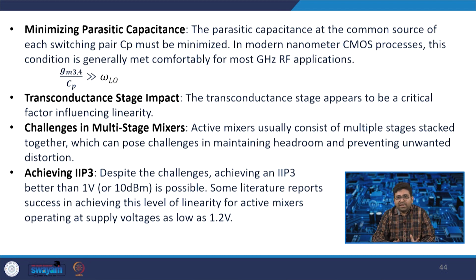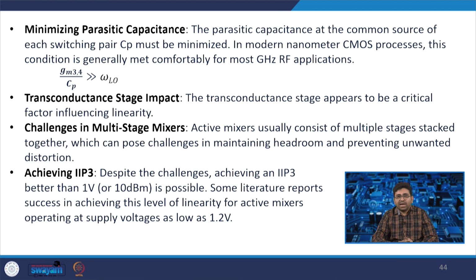And what are the challenges in a multi-stage mixer? An active mixer usually consists of multiple stages stacked together, which can pose challenges in maintaining headroom, and that is why your overdrive voltage is reduced, preventing unwanted distortion.